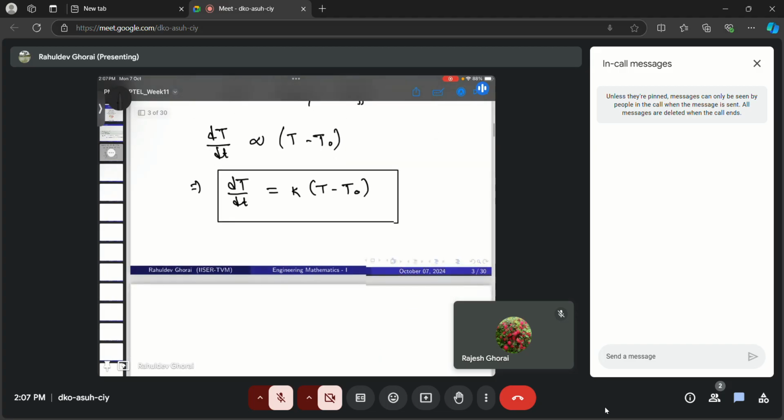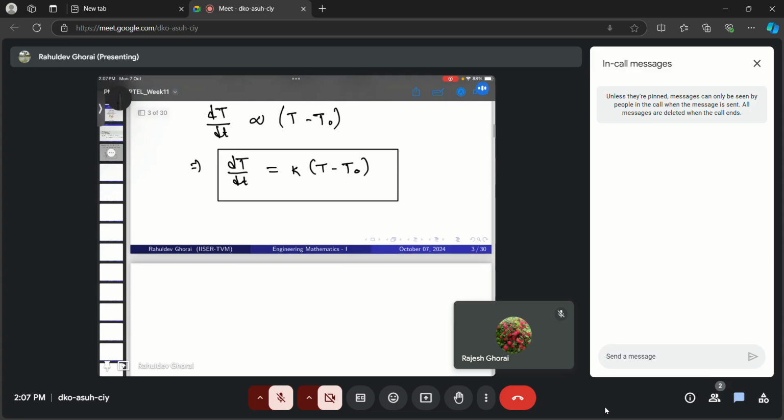Similarly, if you have a wave equation, the displacement of a wave, you can model that wave using a partial differential equation, which I think is not done in your course, so let's not do that.